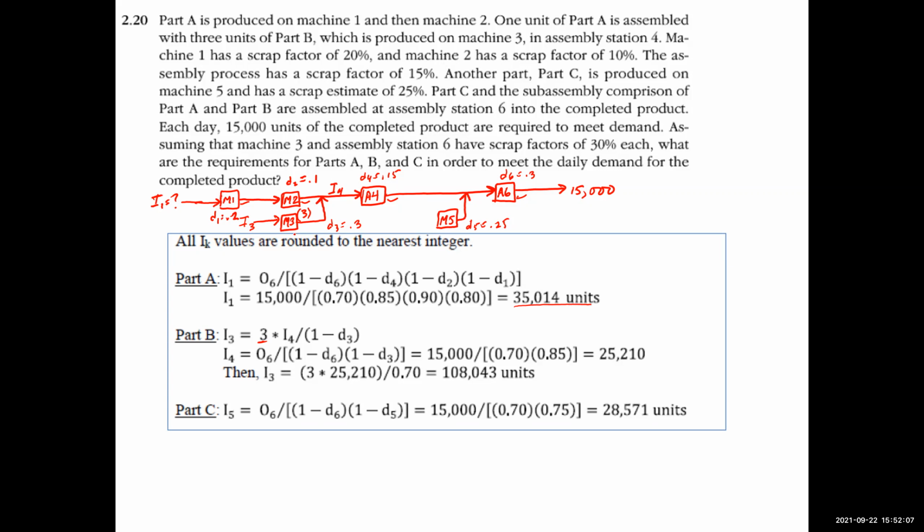So the question is, how do we find I4? If you remember what we just did for I1, instead of going through the whole process, we'll stop before A4. So we're going to consider the scrap factors of A6 and A4.